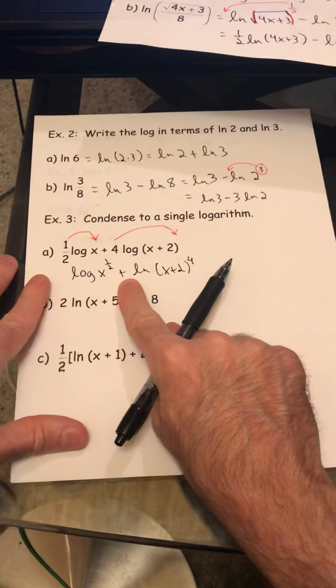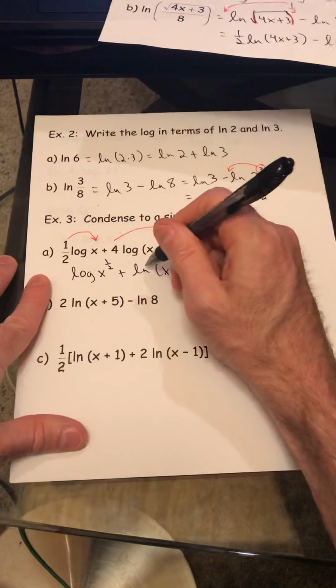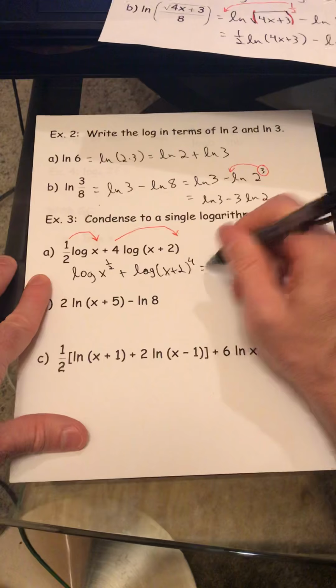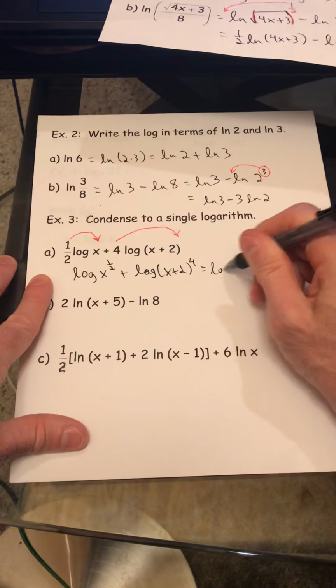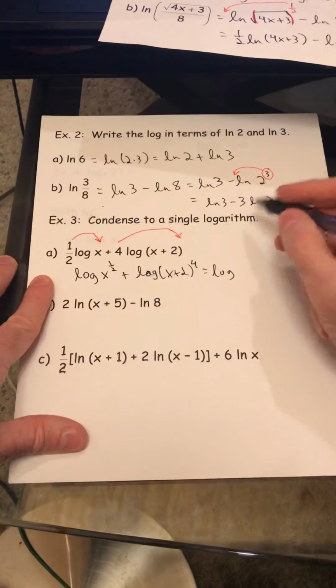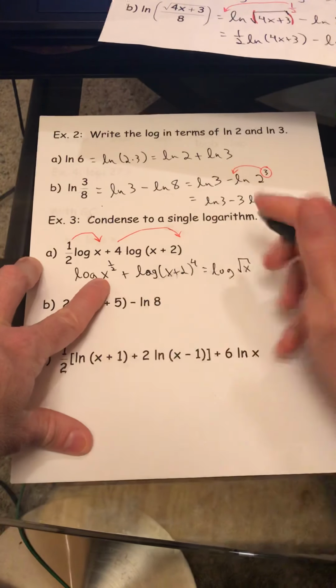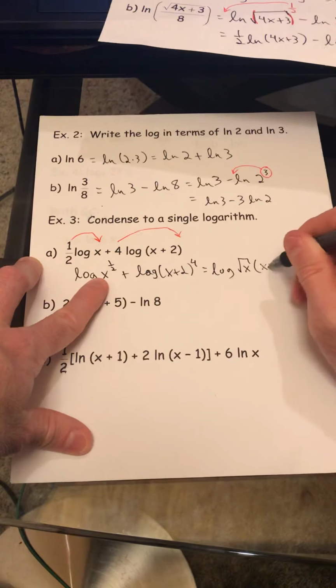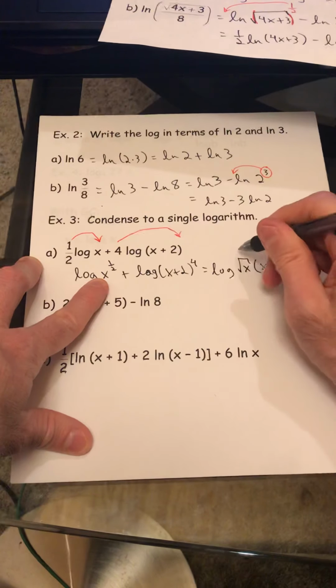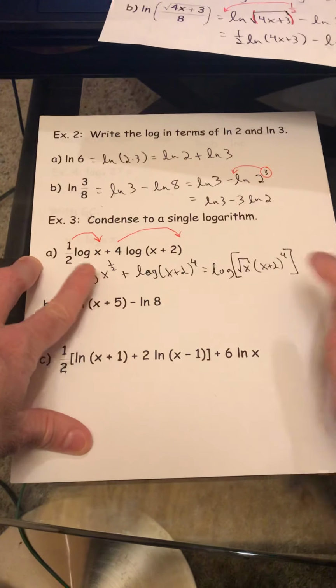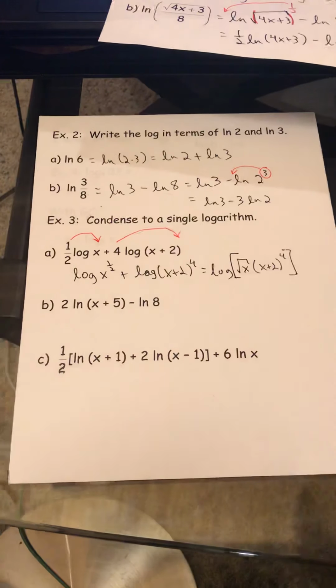Then to condense the addition, and that should be log, not natural log, I am going to rewrite that as log of the square root of x times x plus 2 to the 4th, and I'll put the grouping symbol there just to make sure it's obvious everything is in there.